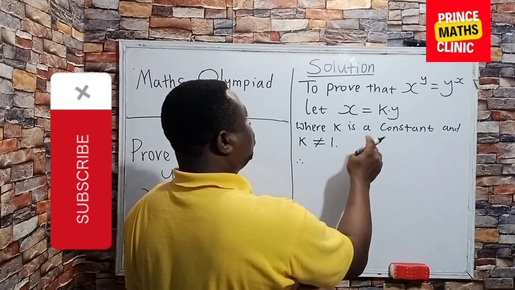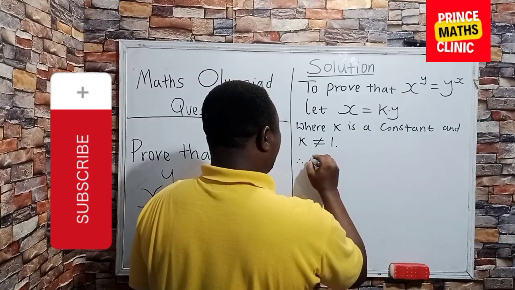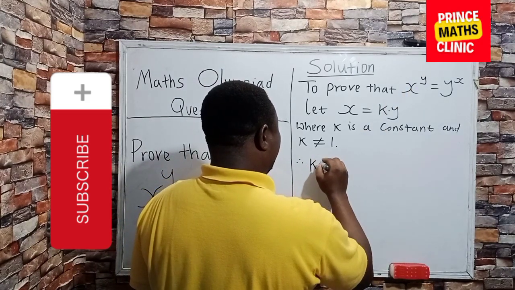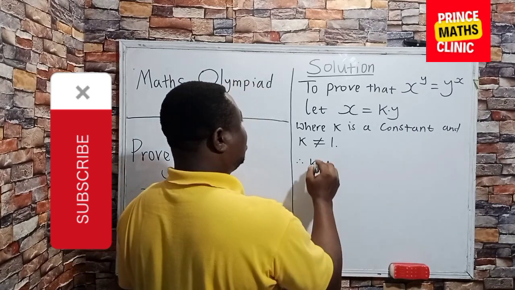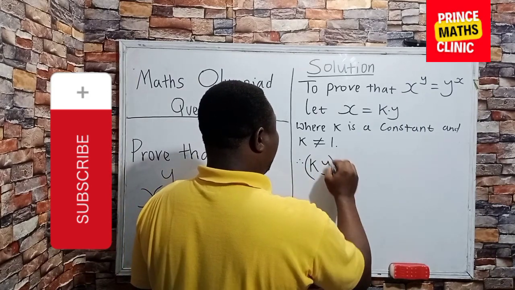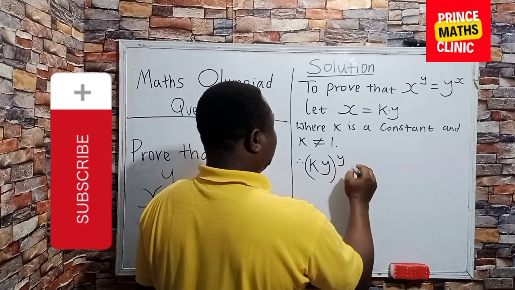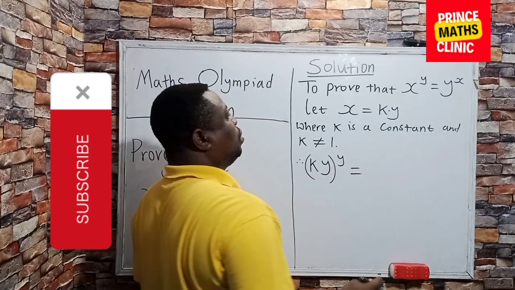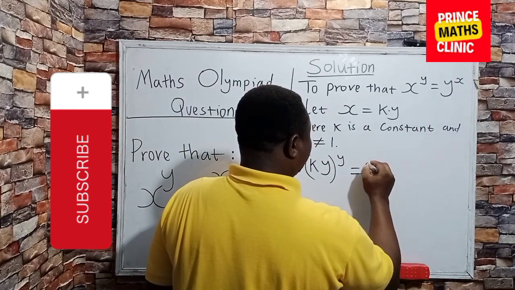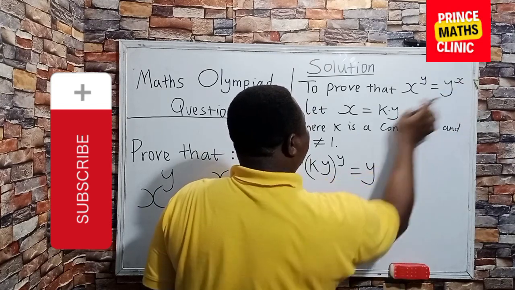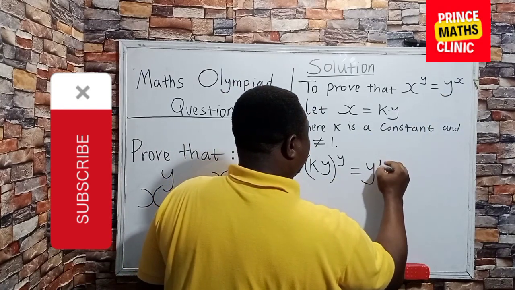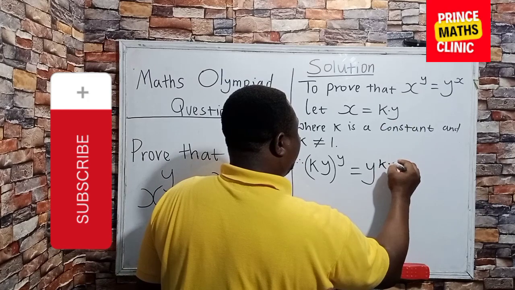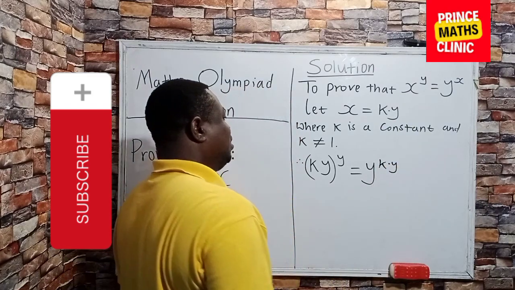Therefore, my x here becomes k multiplied by y, all to the power of y, equal to my y here, to the power of my x, which is k multiplied by y.